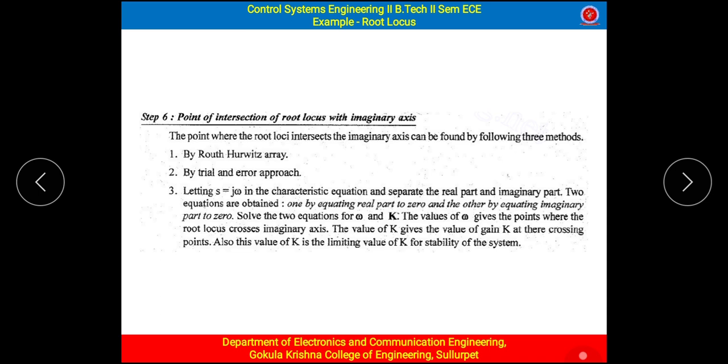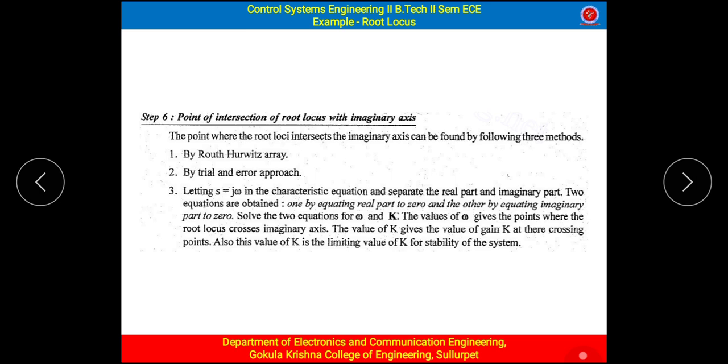Now, as and when the root locus branch starts to move towards the imaginary axis and crosses it, that is when the system becomes unstable. So we have to identify the point of intersection between the root locus branch and the imaginary axis, as well as the gain of the system at that particular point.